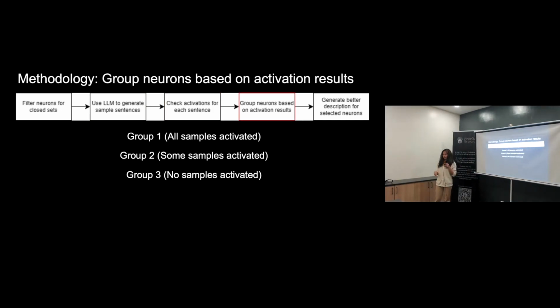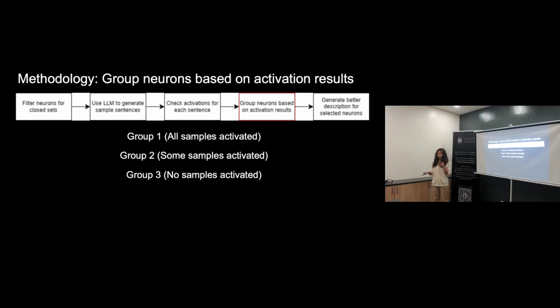After that, I grouped the neurons based on the percentage of the sample sentences that activated. So group one, all of them activated. Group two, some of them did. And group three, no samples were activated. My hypothesis for this research question was they would all fall under group one, right?